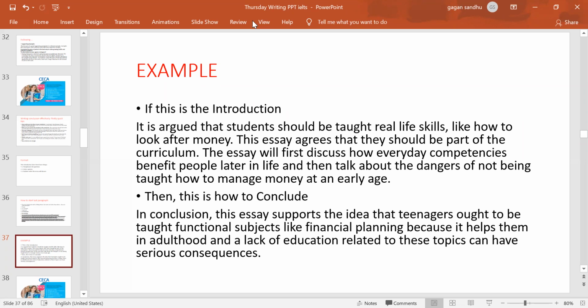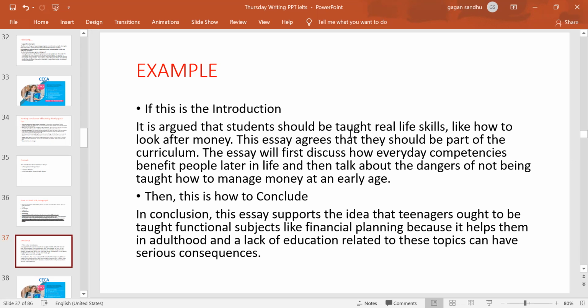And then comes the outline sentence: this essay will first discuss how everyday competencies benefit people later in life. The first point you mention in the first paragraph, and then talk about the dangers of not being taught how to manage money at an early age. That's the topic for the second body paragraph. And this is how, guys, you have to frame the introduction.